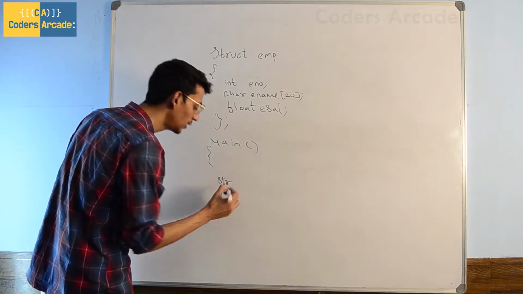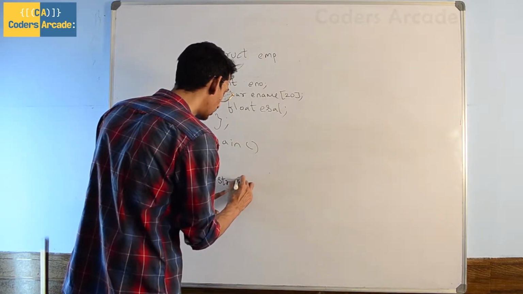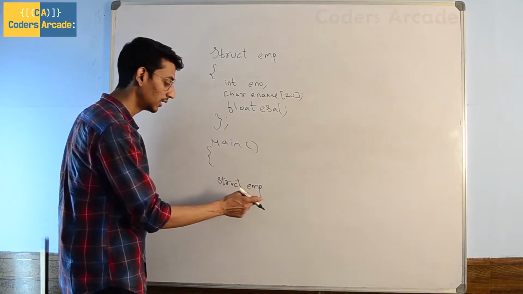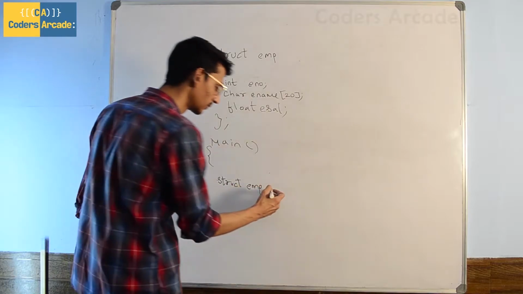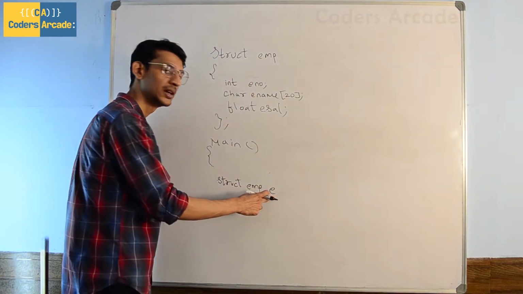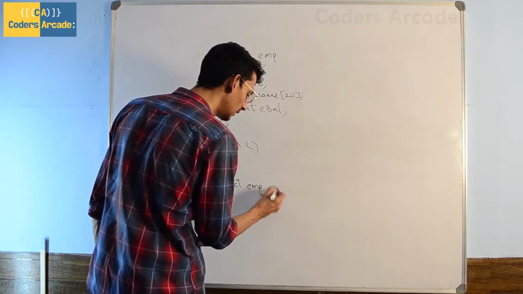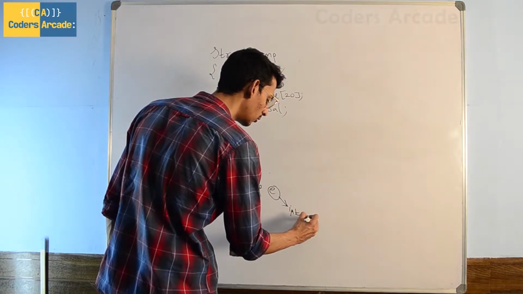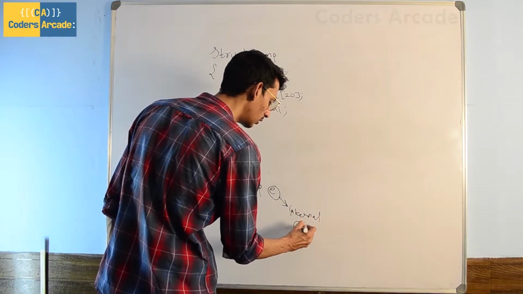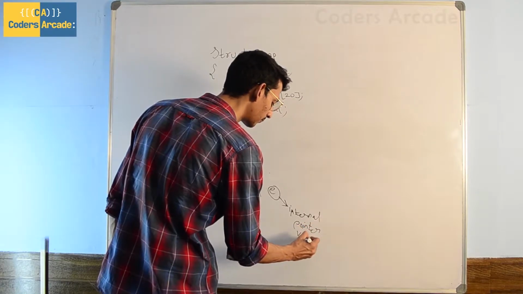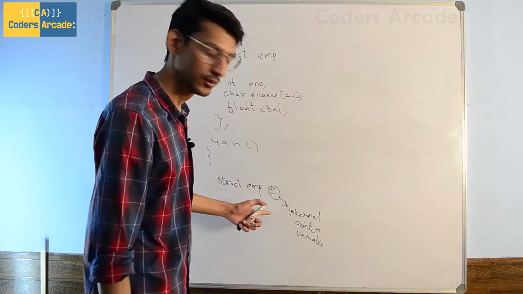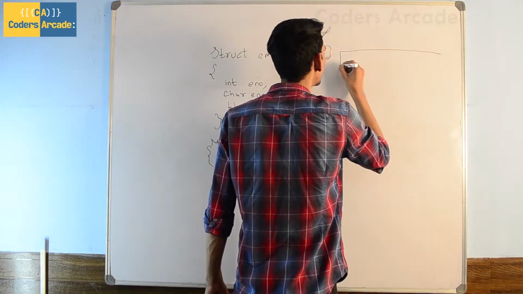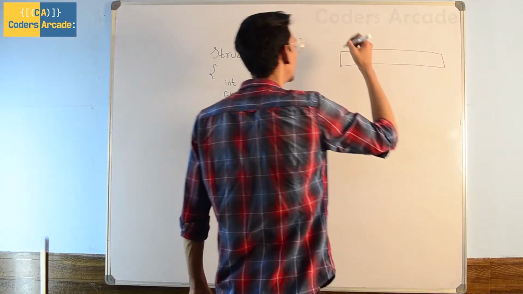For declaring, we give our data type, which is struct employee. It's two words, okay? This is our data type. And E, this is how we declare our structure. Here E is nothing but an internal pointer variable. What does it do? It points towards the base address of our memory location.